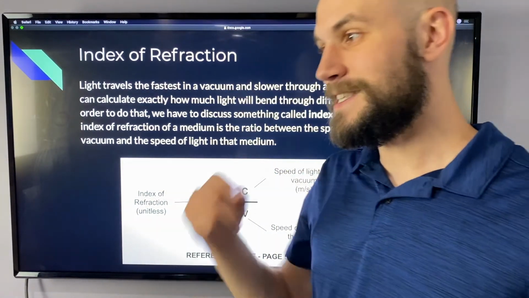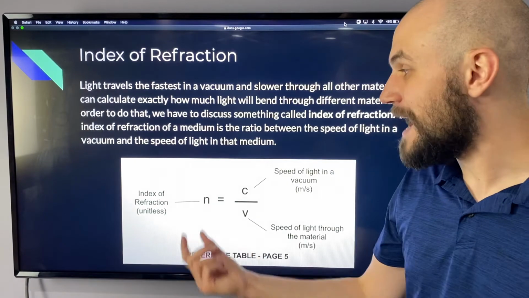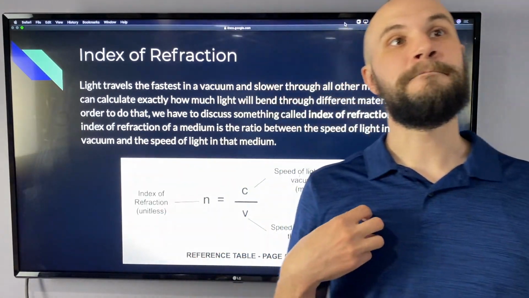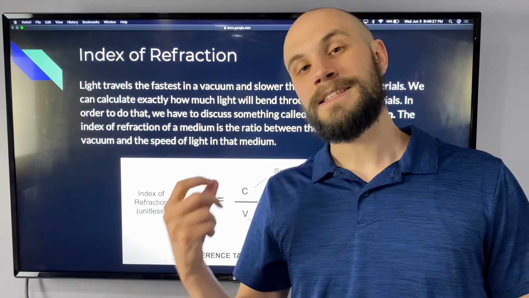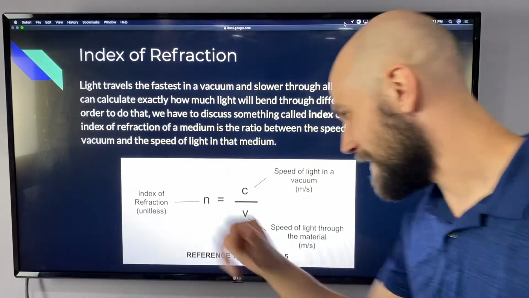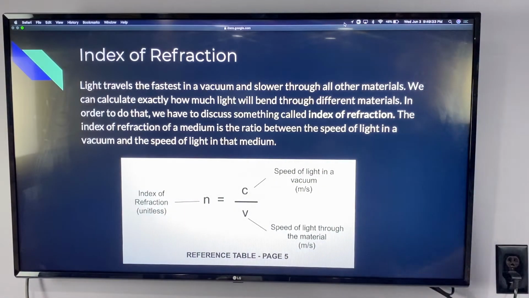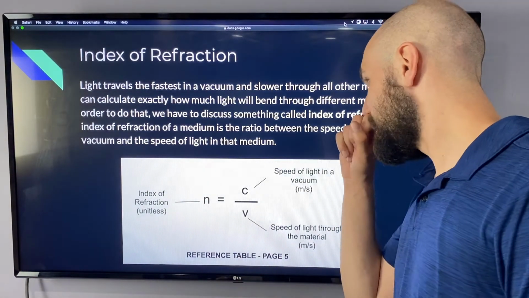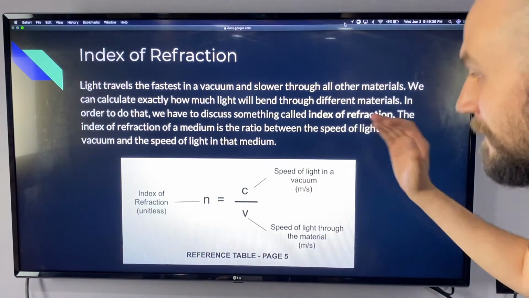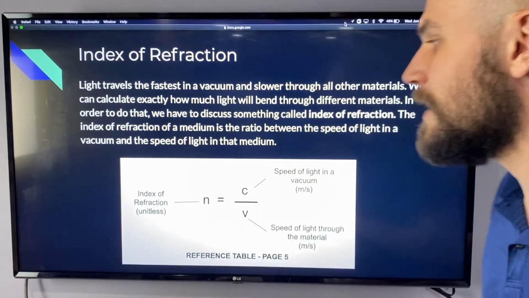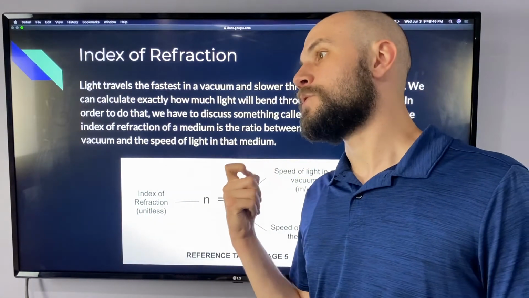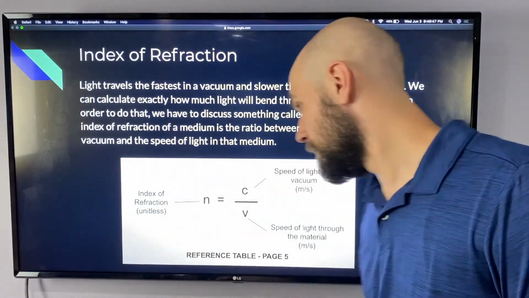And we could use this ratio, then we have the tool of the index of refraction to help us identify the type of material and then use this number to help us in our mathematics that we'll see in a little bit. So if something is going the same speed, like if we're trying to find the index of refraction of the vacuum, we're going to get an index of refraction of 1, which means that the wave is not slowing down at all.